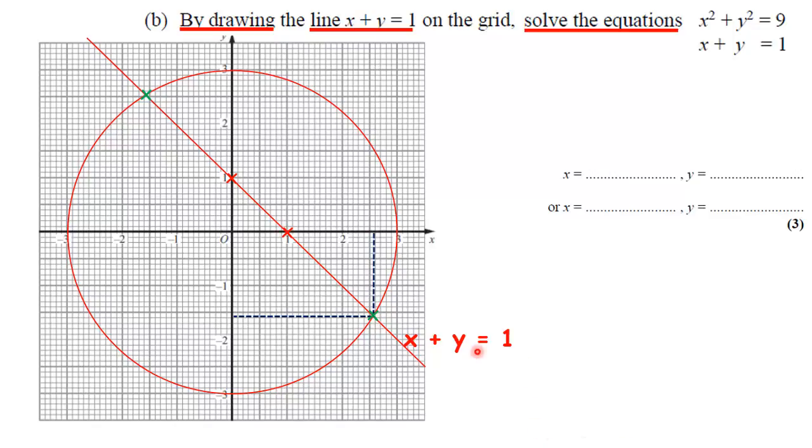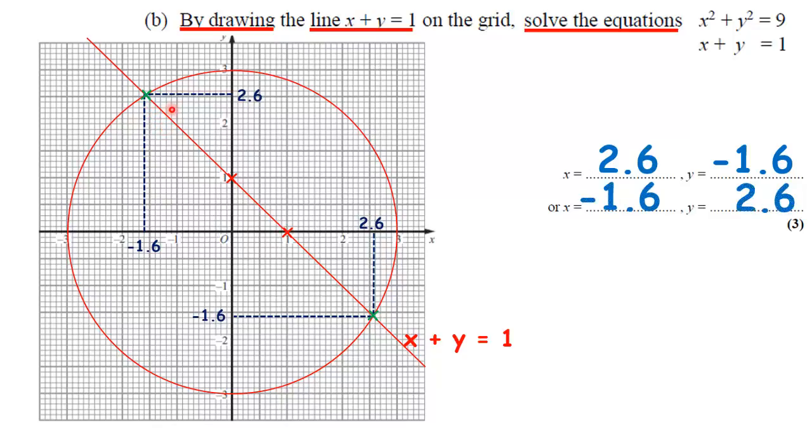Okay, so in that particular case, it's 2.6 and minus 1.6, and on the other side over there, it's those 2 values, minus 1.6, and I reckon that's about 2.6. So be careful as you label those in, and I've written them both in to the answer space.